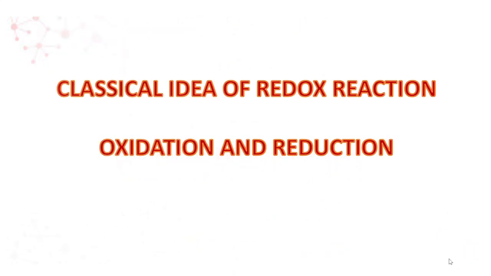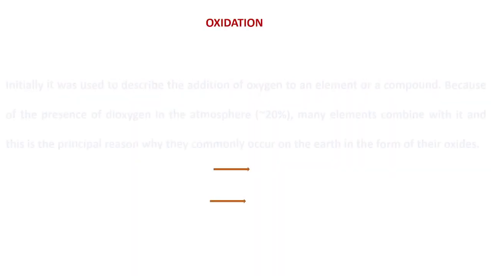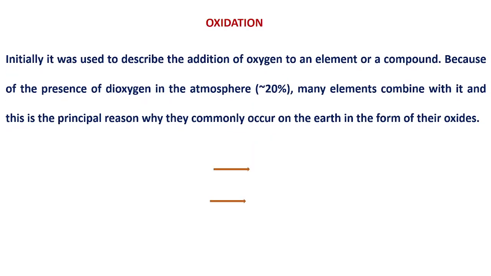What are they? So the classical idea of redox reaction is oxidation and reduction. This is known to you from your 10th level that initially oxidation was used to describe the addition of oxygen to an element or a compound, because of the presence of dioxygen, or O2.